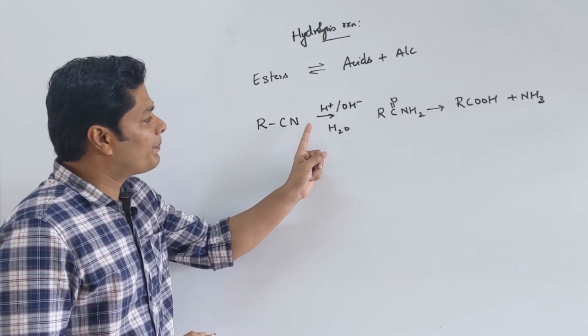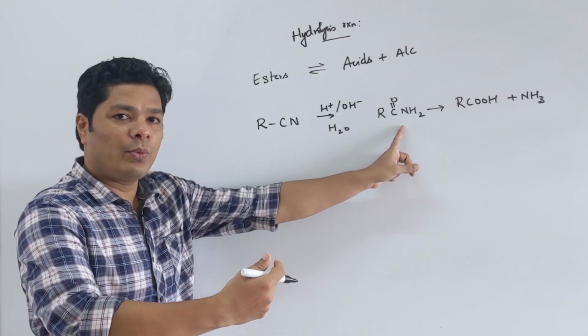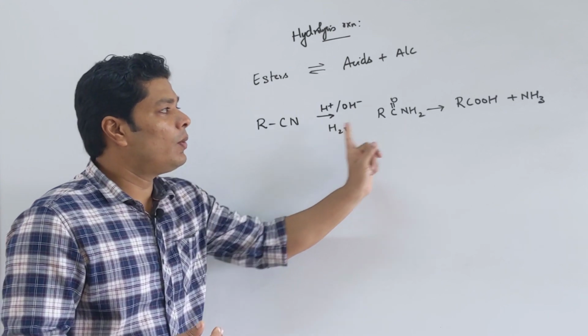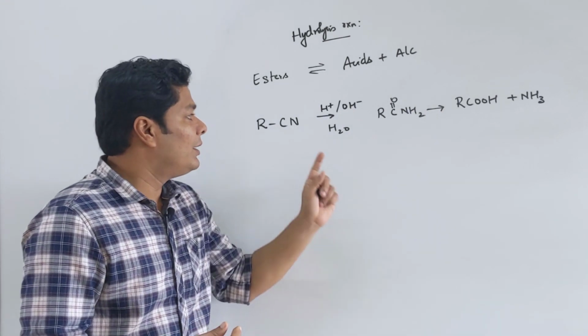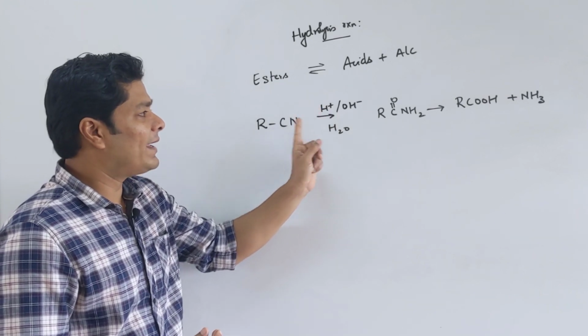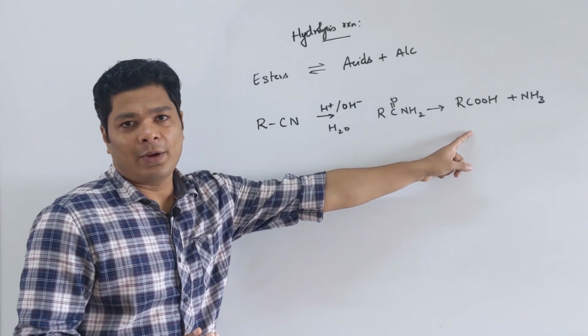Now I can use cold dilute HCl to stop at this stage and stop with an amide if I want, or if I use strong conditions, then I go all the way to the corresponding acid. So if I use H plus medium, similar to here, I get acid. If I use OH minus, I get the carboxylate ion.